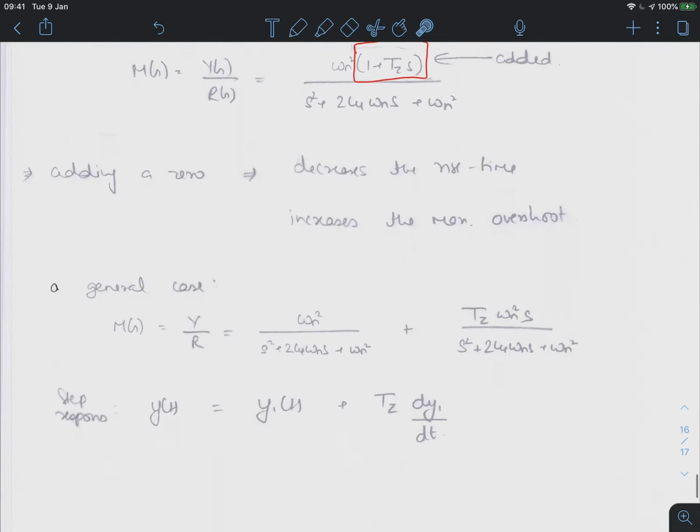And the reason behind this, let's consider a general case where we have M(s) equal to Y by R. If I decompose this as a summation of two transfer functions, the first is this one because of the 1, and the second appears because of this tz s.